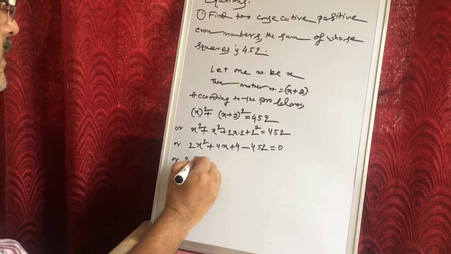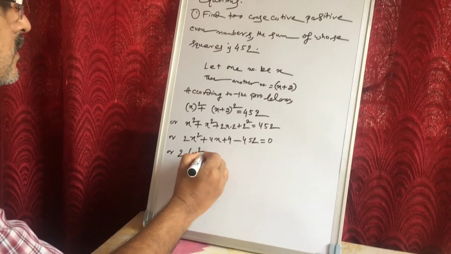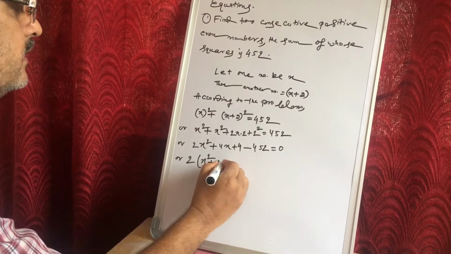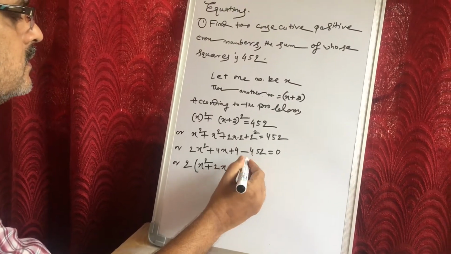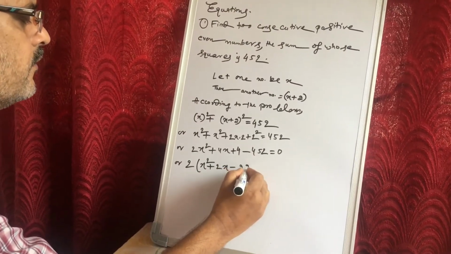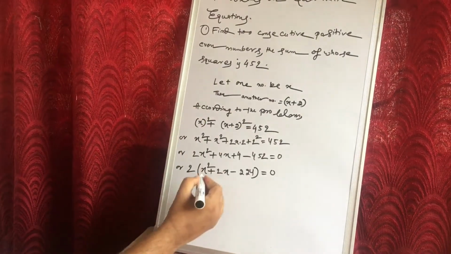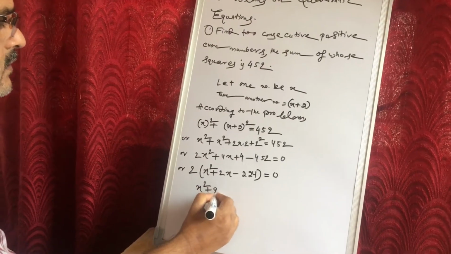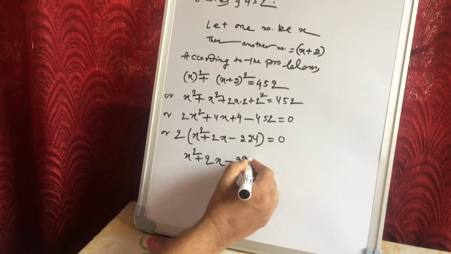Taking 2 as common, it will be like this: x square plus 2x minus 224 is equal to 0. So x square plus 2x minus 224.